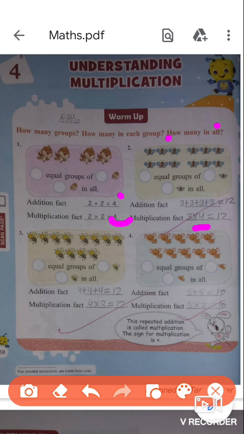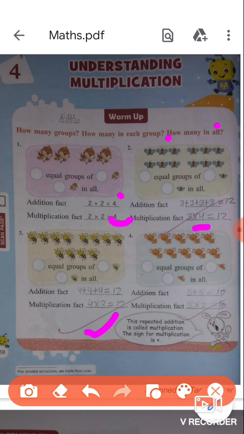So the addition fact is 4 plus 4 plus 4 equals 12. And the multiplication fact is 4 multiplied by 3 equals 12. So there are 3 equal groups of 4 honeybees. That means 12 honeybees in all.